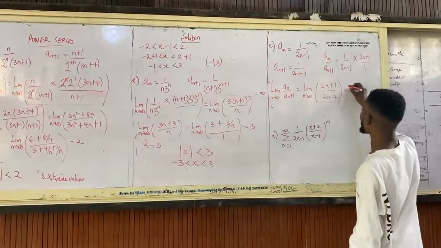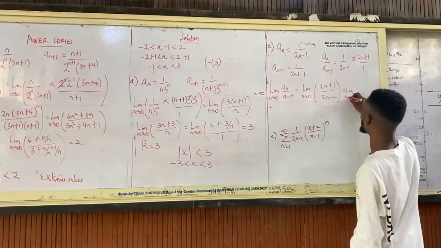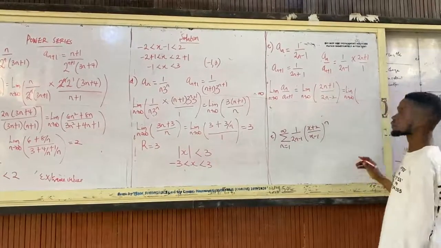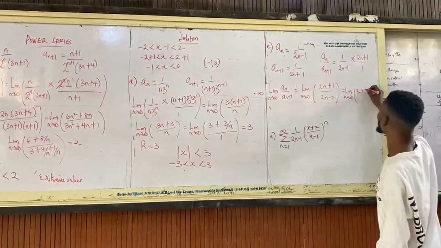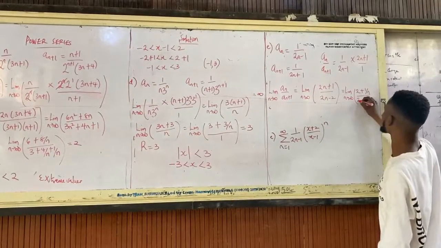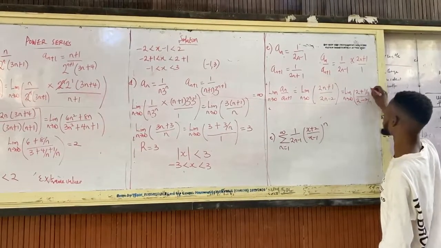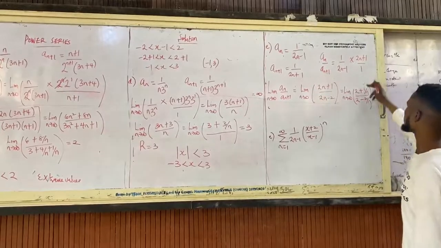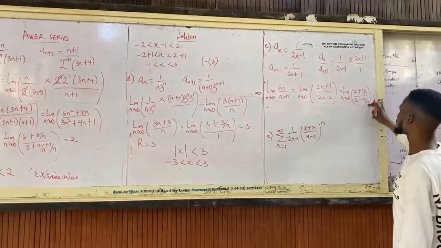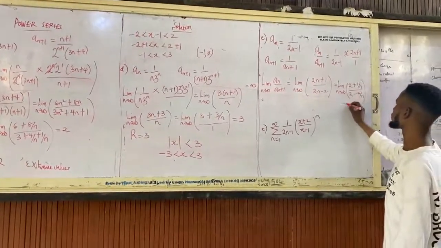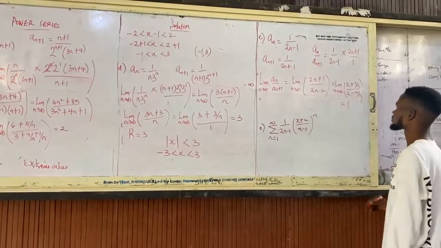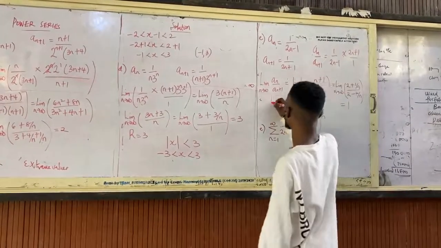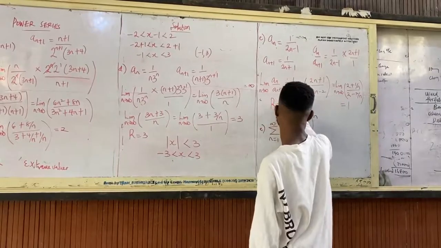So we divide all through by n, you get 2 plus 1 over n, over 2 minus 1 over n. So 1 over infinity is 0, and 2 over 2 is 1. So that means the radius of convergence R is 1.